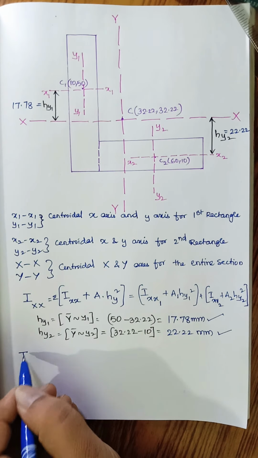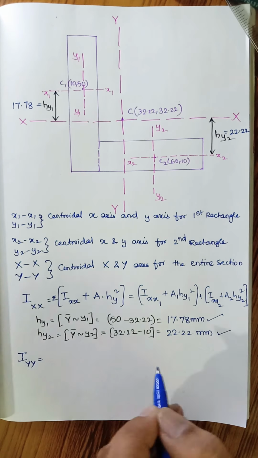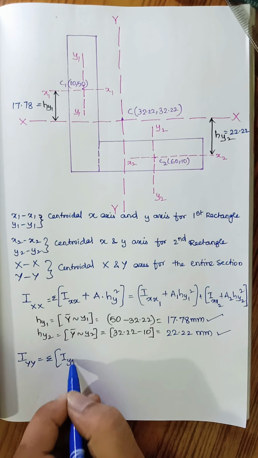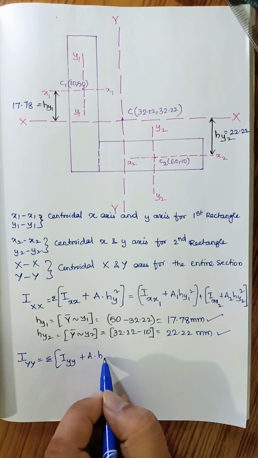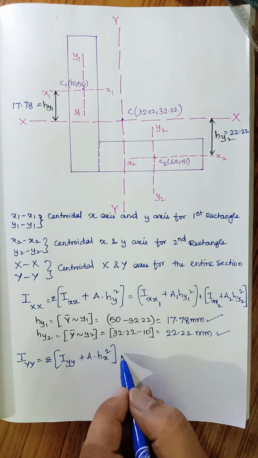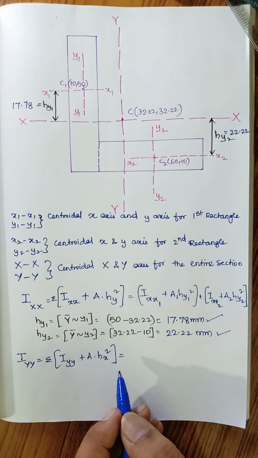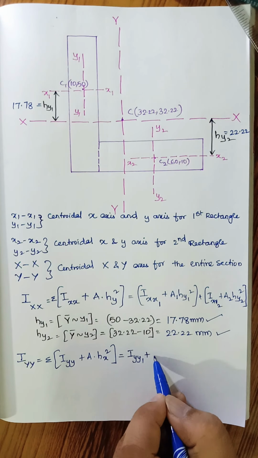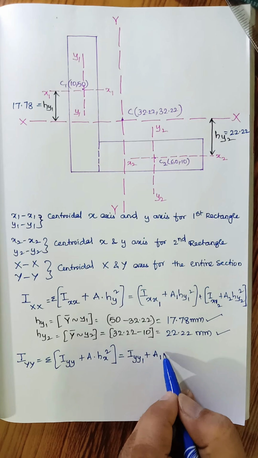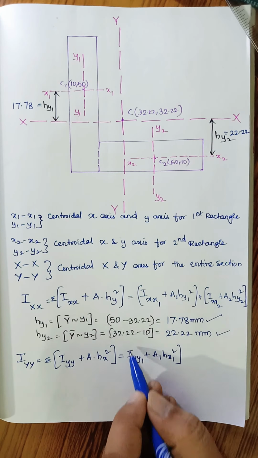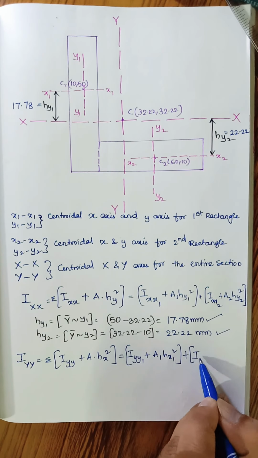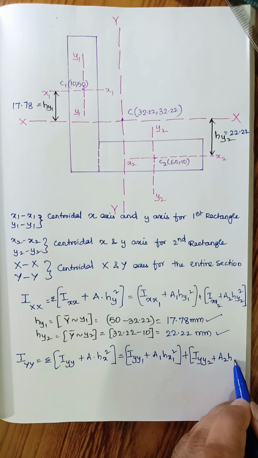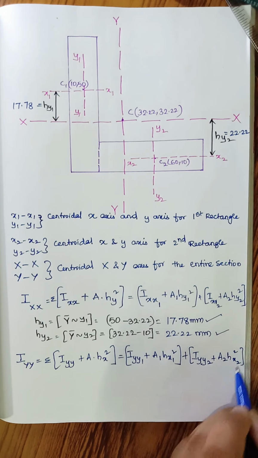Next, calculating I capital YY. The solution is not yet completed. Similar to the above formula, I am writing this one as IYY plus A into h x square. So expanding the formula here, as we have two rectangles, I can write this one as IYY1 for the first rectangle plus A1, area of the first rectangle, hx1 square, plus IYY2 plus A2 multiplied by hx2 square.